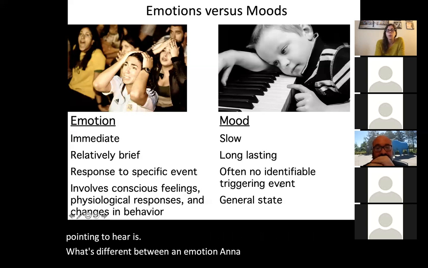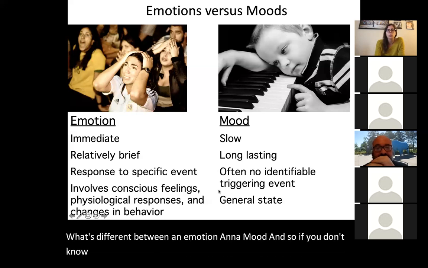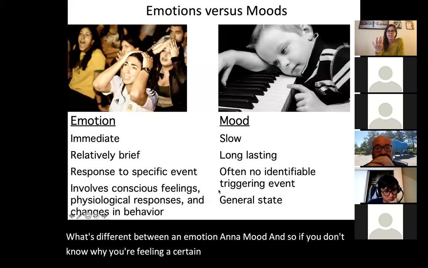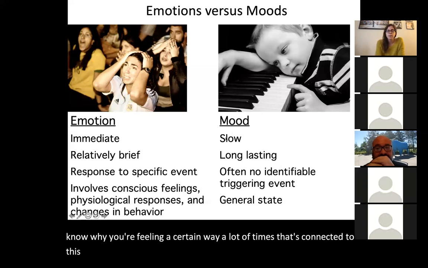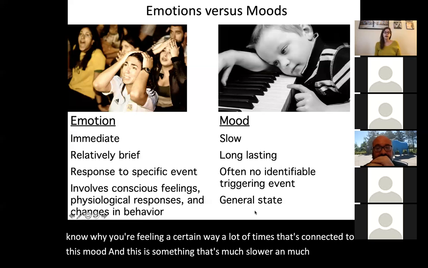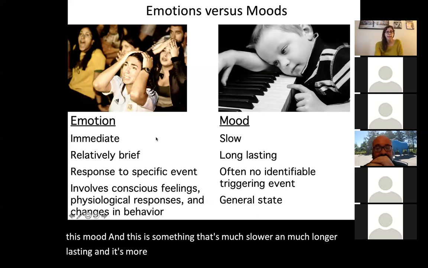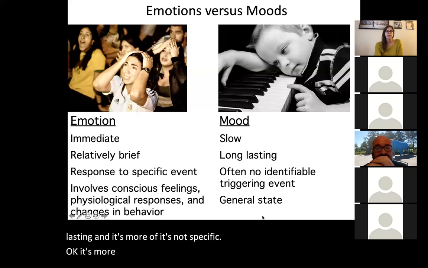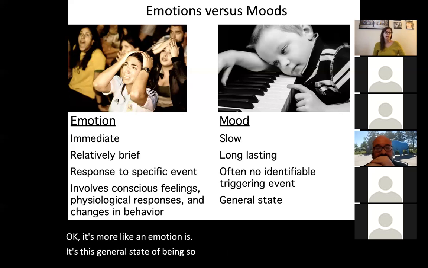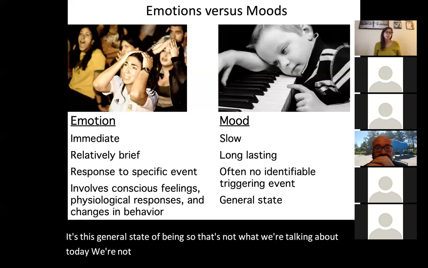If you don't know why you're feeling a certain way, a lot of times that's connected to a mood. This is something much slower and longer lasting, and it's not specific like an emotion is. It's a general state of being. So that's not what we're talking about today. We're not talking about moods. We're talking about emotions.